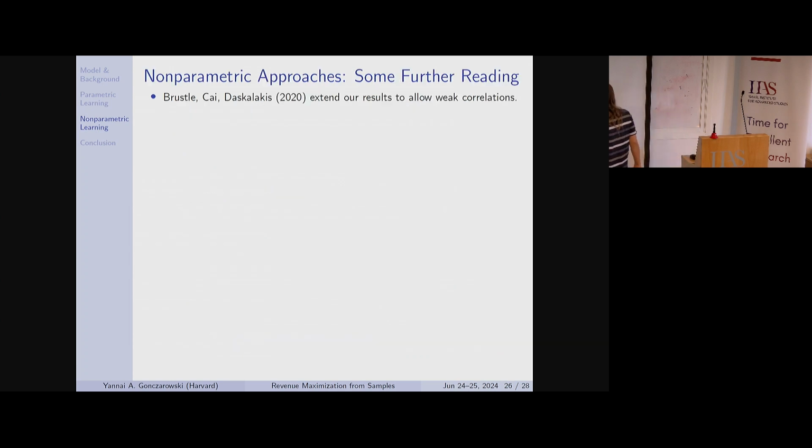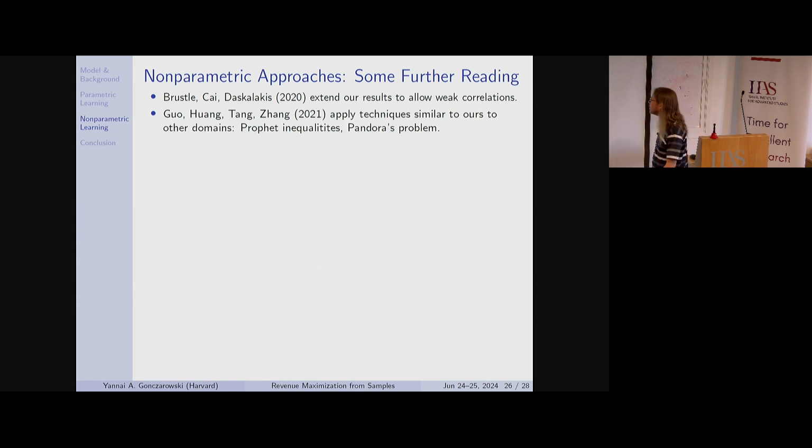So some further reading, again, there are many, many beautiful papers. This beautiful paper by Russell Young Tsai and Kostis Daskalakis extends our results to allow for certain weak correlation between the V's. Not every correlation, not every weak correlation. Some correlations that come from drawing graphical models, for the people familiar with this term.